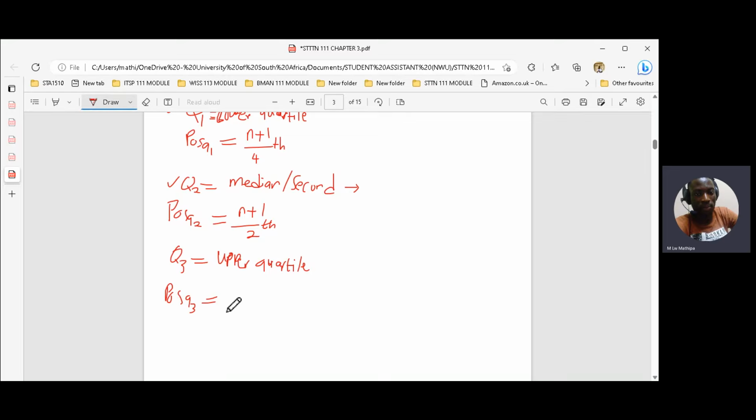We use this to calculate the position. The position will help us find our values for Q1, Q2, and Q3.